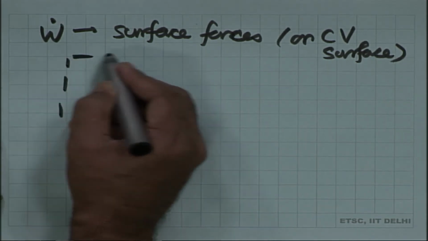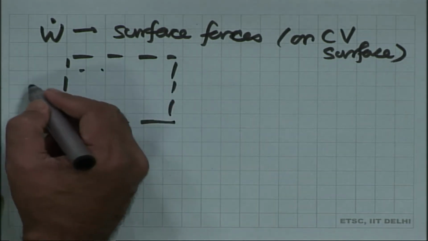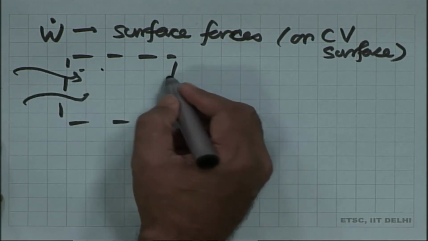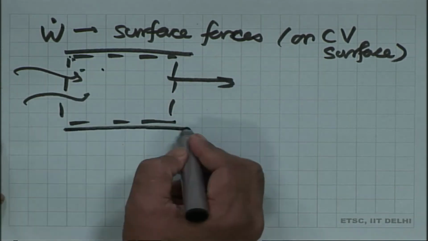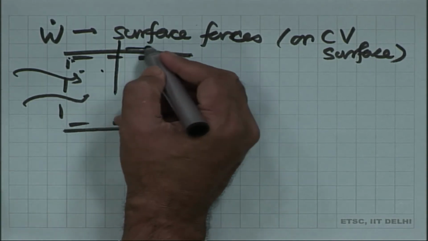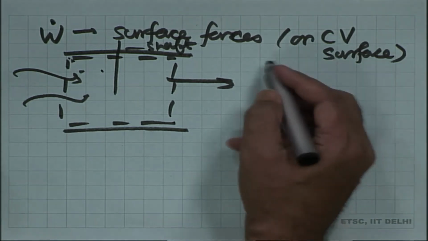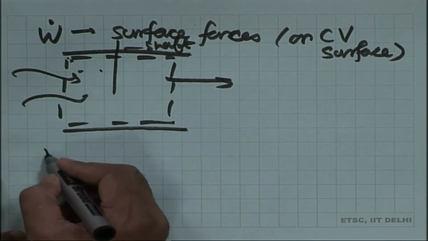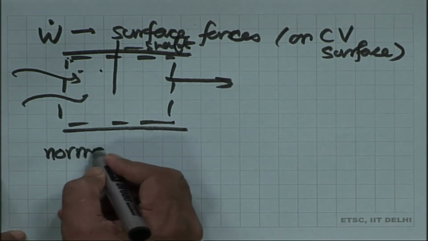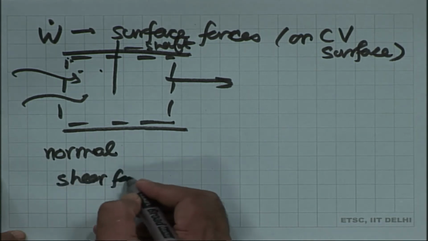So, if this is a control volume consisting of a fluid, so there could be flow going in, flow coming out, there could be a solid surface at the top, as we saw earlier, there could be a shaft. So, this is a typical control volume, and so now here on the surface we have two types of forces: normal forces and we have shear forces.